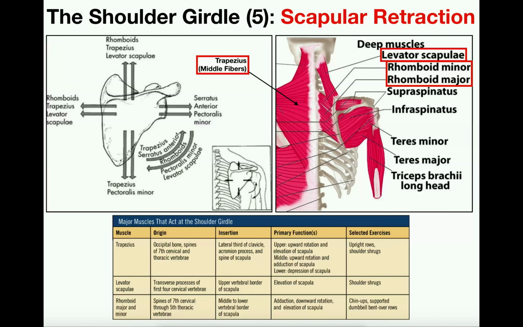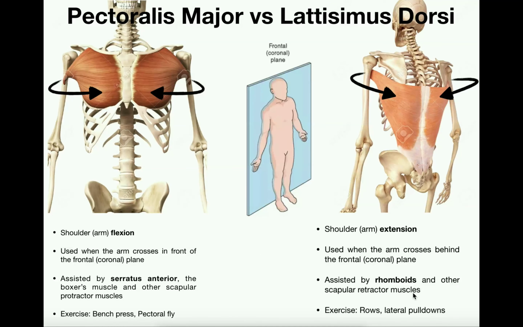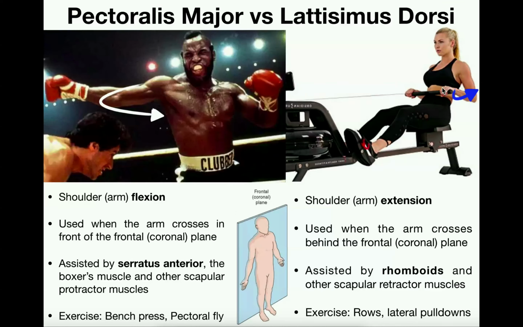But it suffices to say for now that the rhomboids are the major muscle involved there. In fact, when you perform rows or lat pull-downs, you're working both the lats and the rhomboids to some extent. It's arguable, though, that rows, such as the ones she's doing here, are working the rhomboids a lot more than lat pull-downs do.